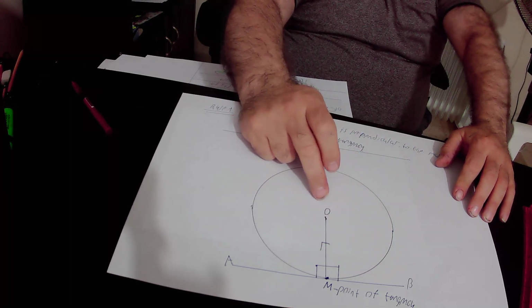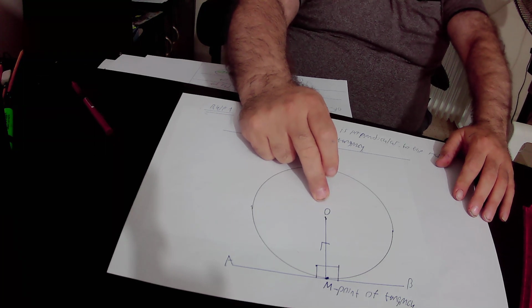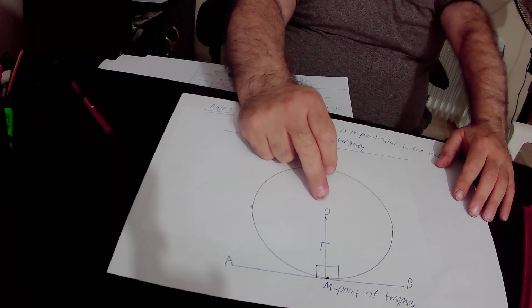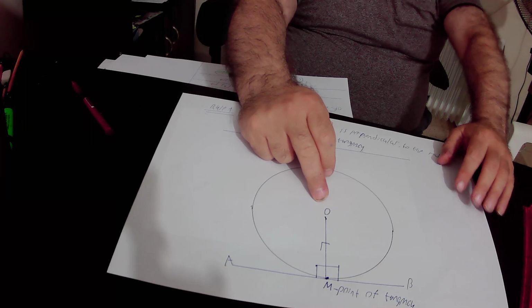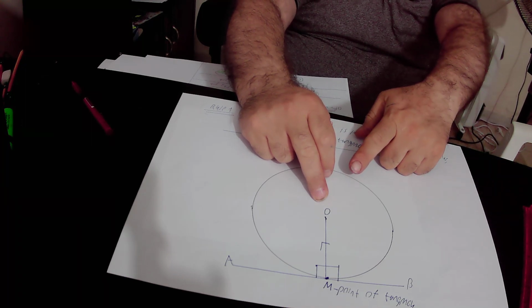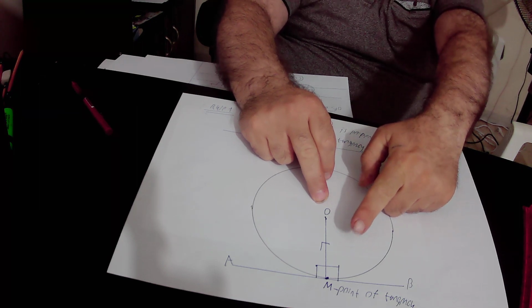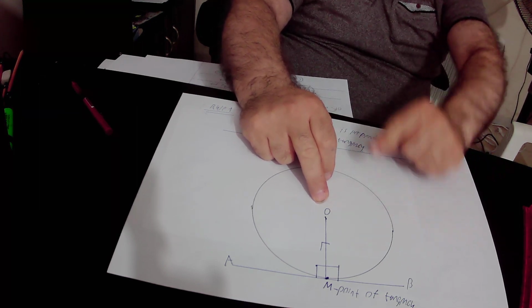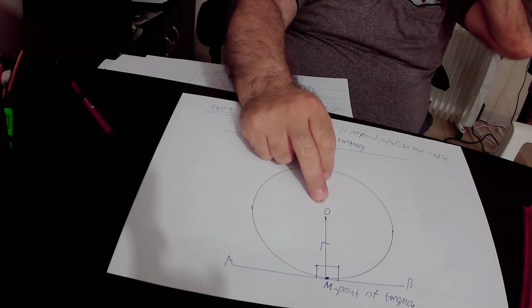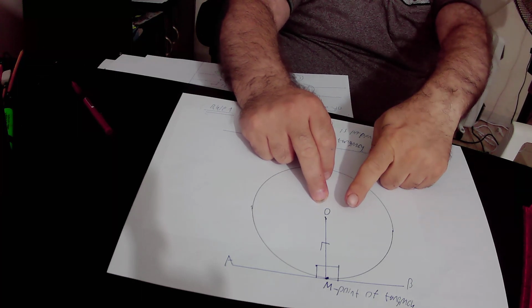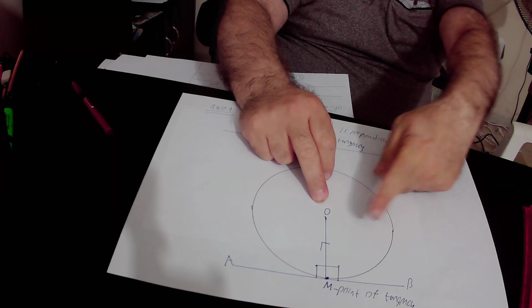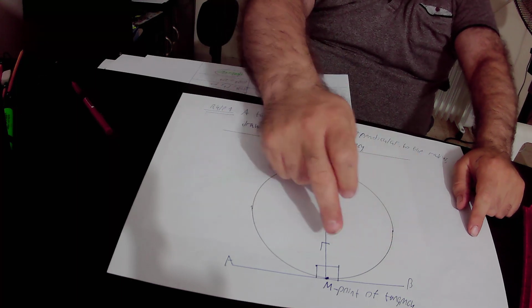The center of this circle is at point O. So if from point O we draw the radius to the point of tangency, here OM, the radius OM is drawn to point M, the point of tangency of tangent AB with this circle.